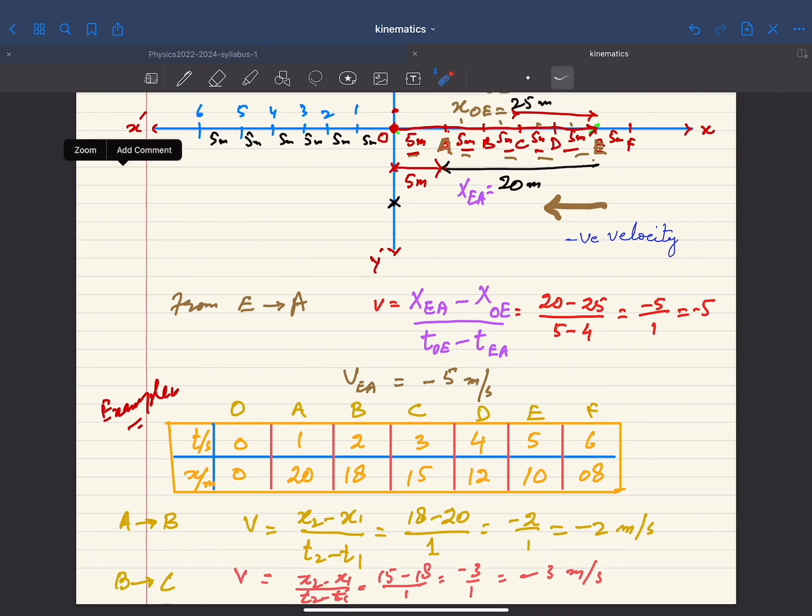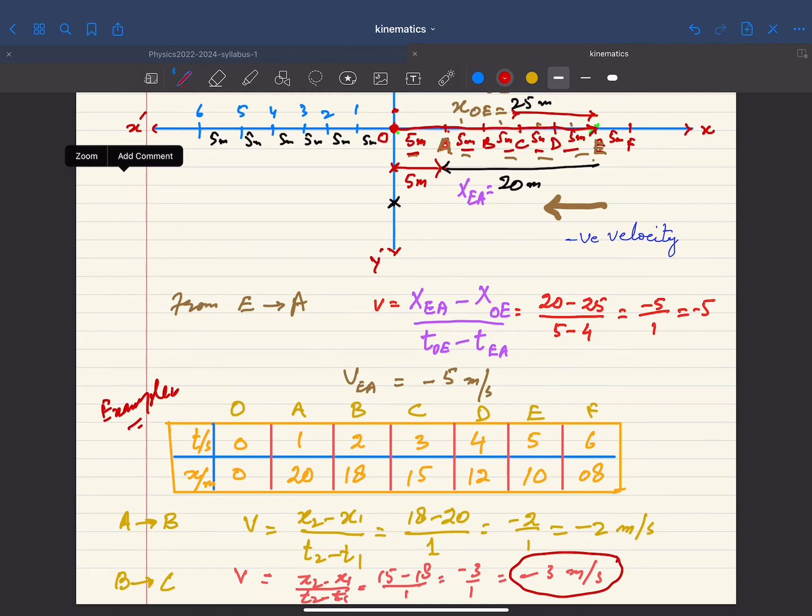The time is of course for each and every interval you have considered, like suppose 1 second, but the point is that there is a value which is decreasing. So when the value of displacement is decreasing with time, you can say that velocity will be negative, and this time the negative velocity means a decrease in velocity.